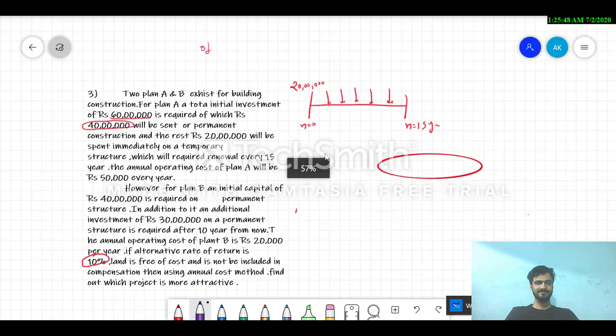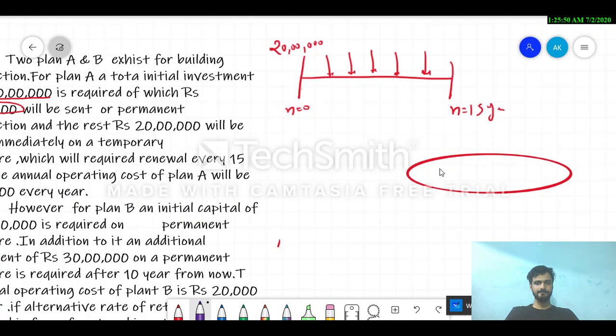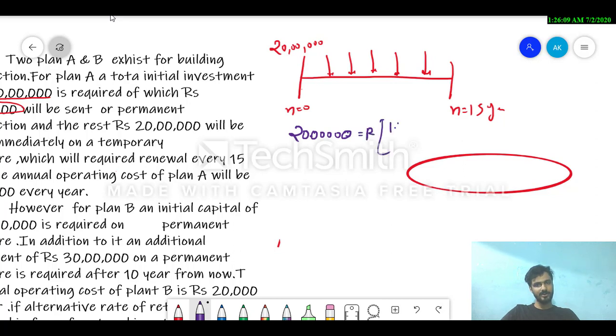Just apply the present value formula for the annuity concept, which you already know. 20 lakhs is equal to R into (1.1 to the power 15 minus 1) upon (0.1 multiplied by 1.1 to the power 15), since the rate of interest is 10%.